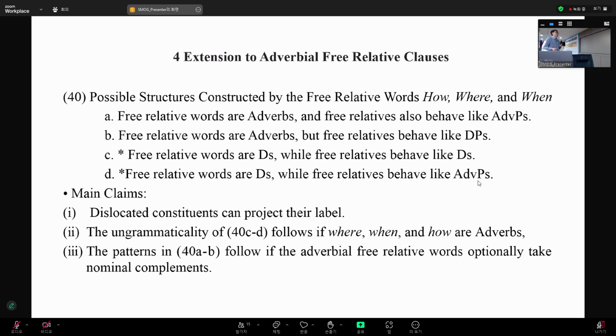And I also claim that the grammatical category follows where, when, and how adverbs. And the pattern for A and B follows if the free relative words optionally take a null N complement. So actually, basically, I'm going to argue that what and adverbial free relative clauses how, where, and when are quite similar in that all of them can take null N as their complement.